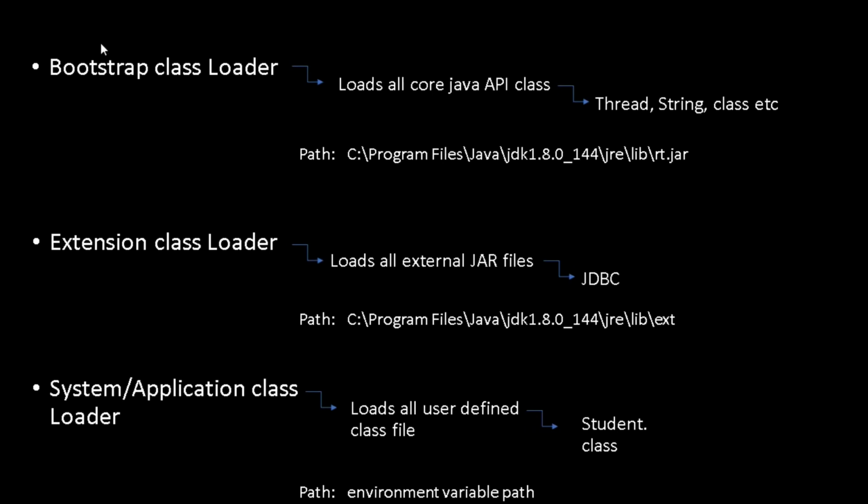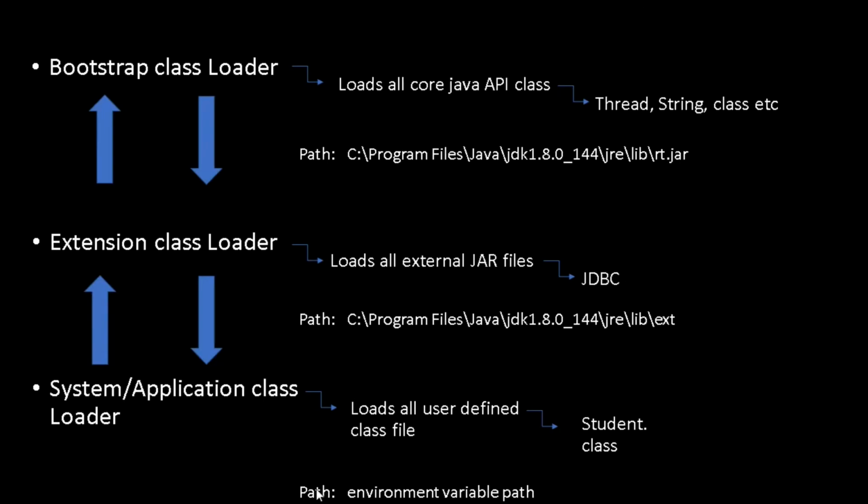All these class loaders follow a parent-child fashion. All the files of the bootstrap class loader automatically come into the extension loader because it is the parent of extension, and extension is the parent of the system or application class loader.